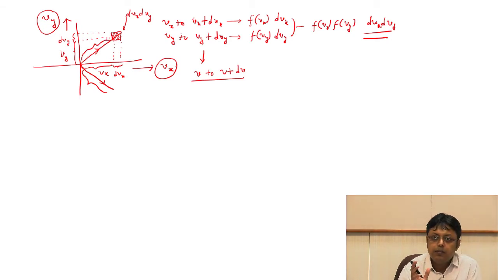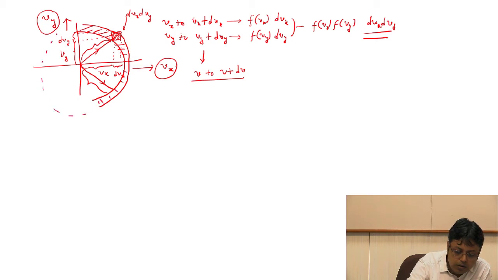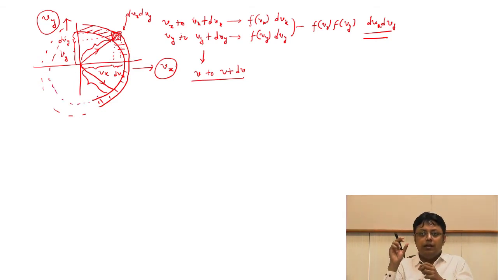Now v to v plus dv means actually this dv will be independent of any direction, which means we have to calculate this dv as this particular area, this entire area basically, because that area will now correspond to the dv times v.